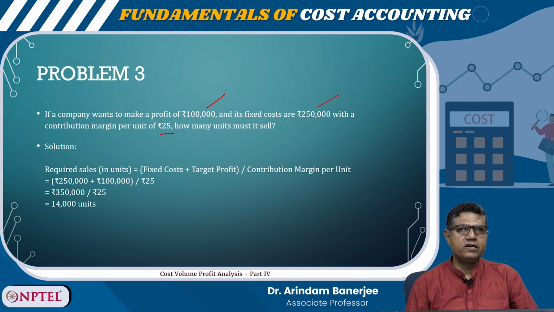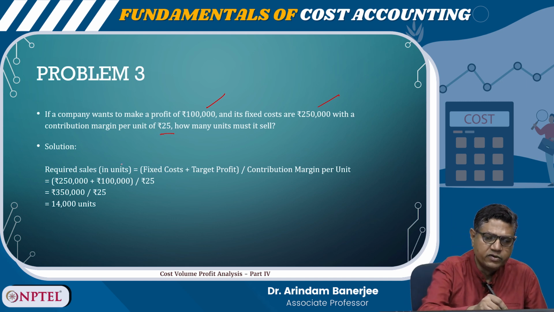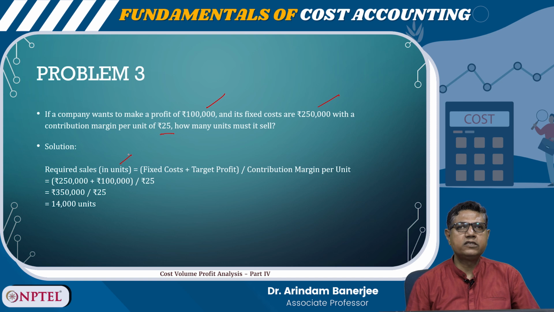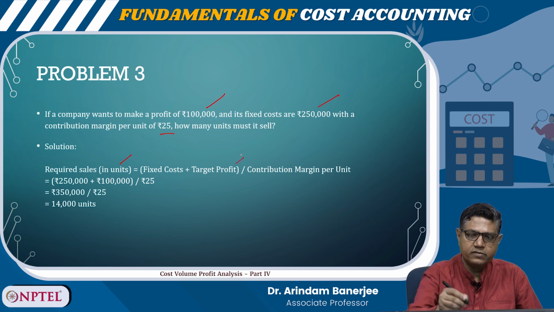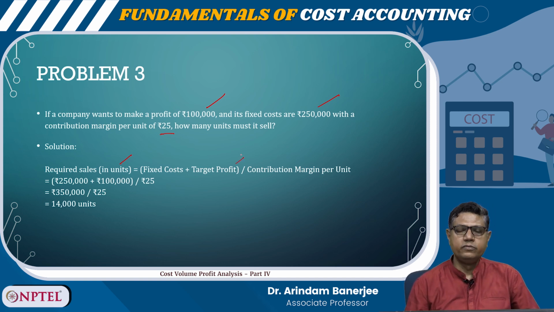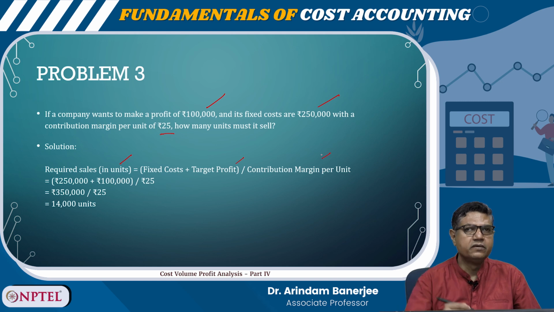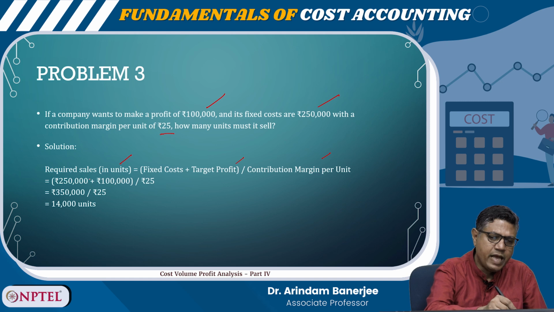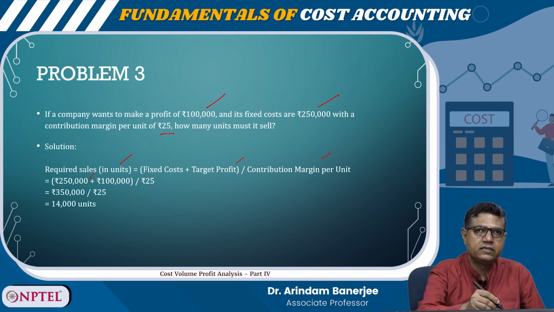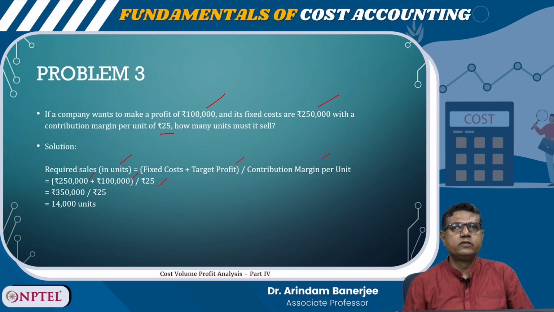So, the formula is what? Required sales in units is equal to fixed costs plus target profit divided by contribution margin per unit. So, fixed cost is rupees 2,50,000 plus 1 lakh as my target profit, divided by rupees 25 as contribution margin per unit.